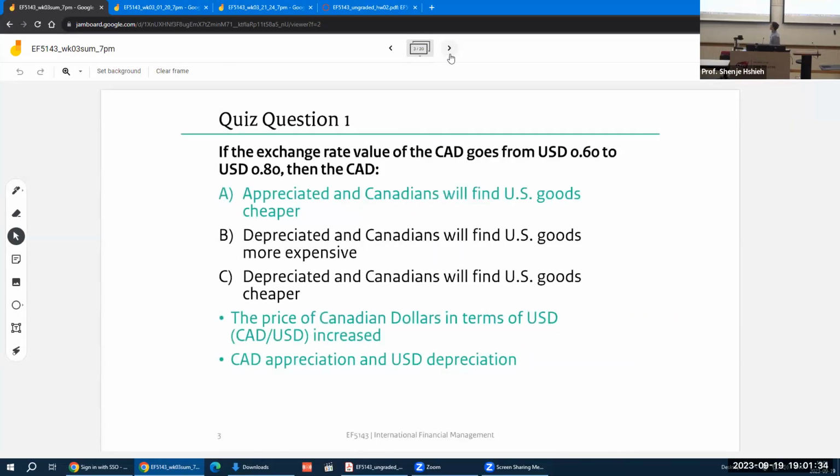All right, so quiz question number 1, I think almost everyone got this question. It's just testing whether you understand the jargon, the nomenclature of foreign exchange language.